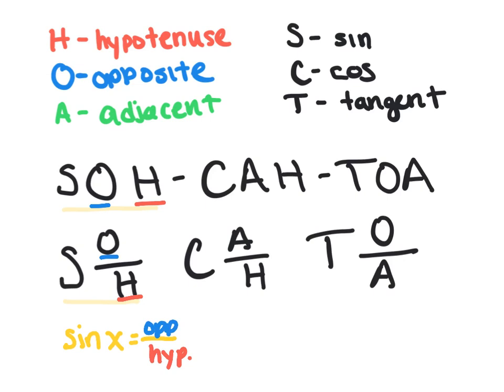The next one says CAH, or C is A over H. So with that one, you have that cosine of x equals the A, which is the adjacent. So the adjacent goes on the top, and the H for the hypotenuse goes on the bottom.